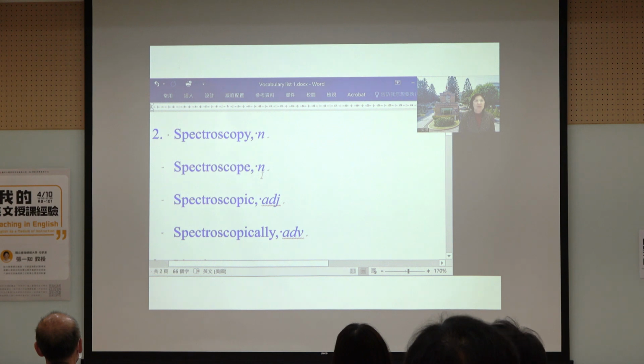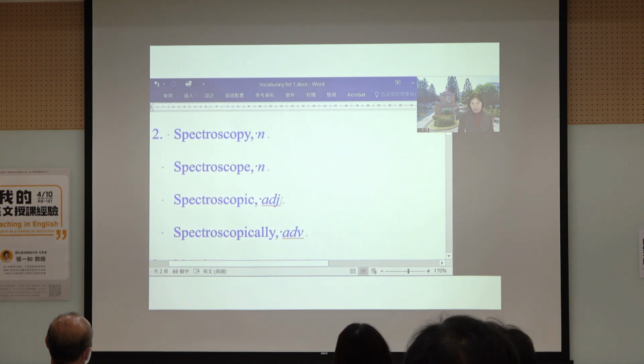The second one is spectroscopy, which is a noun describing the theory behind the spectrum. Spectroscope is also a noun, and you notice the accent is different. This is spectroscopy. This is a spectroscope, and spectroscope describes the actual instrument that measures the spectrum. So this is an instrument, and this is a theory. Both are nouns but describing different things.